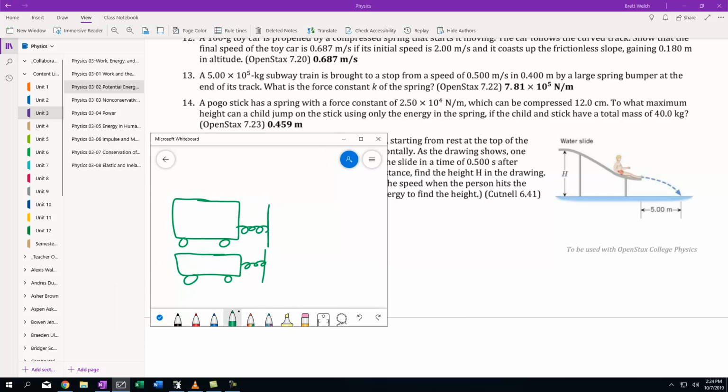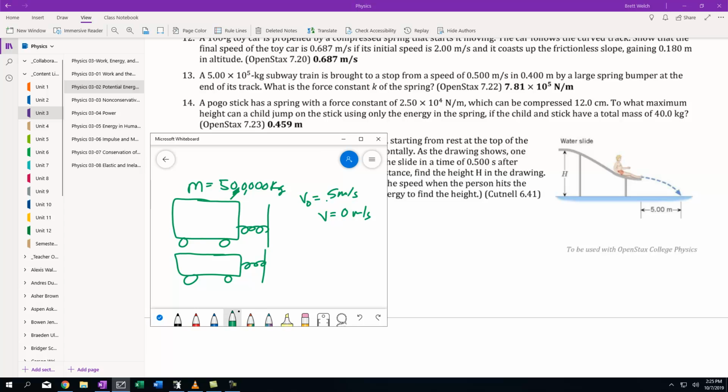At any rate, we have the mass of the train, which is 5e5, so 500,000 kilograms. We have an initial speed of 0.5 meters per second and a final speed of 0 meters per second.